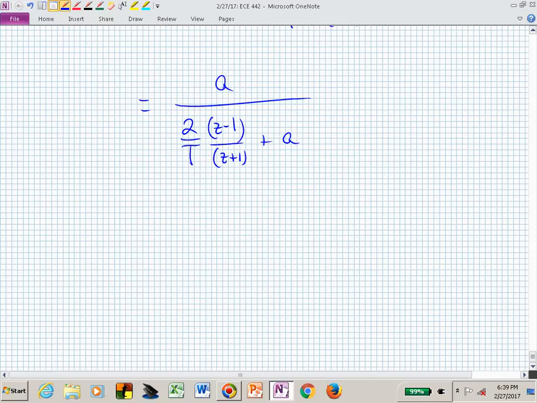And we can clean this up again like we've done before. We can multiply by t times z plus 1. Or we now have a t z plus 1 over 2 z minus 1 plus a t z plus 1.